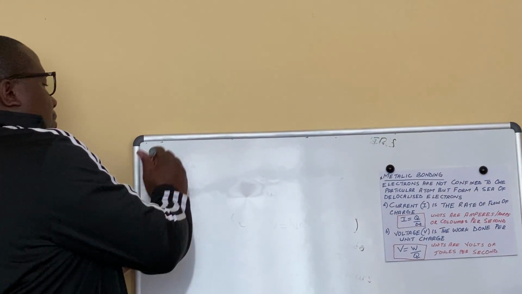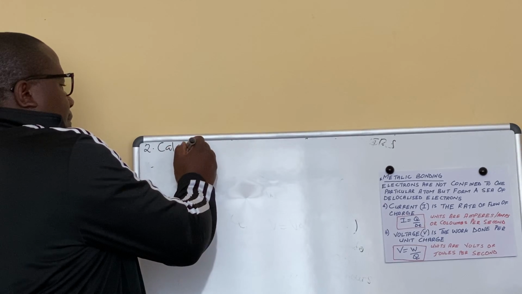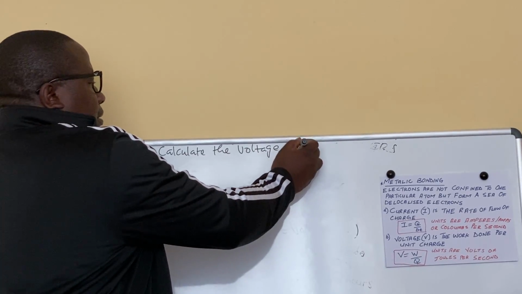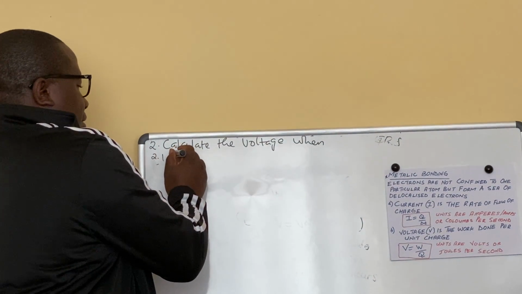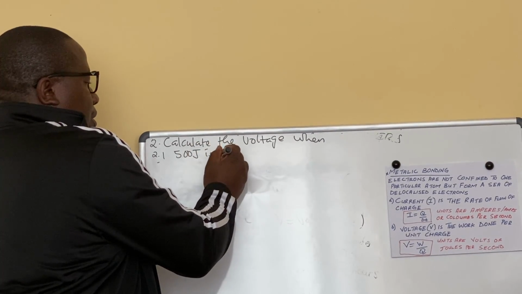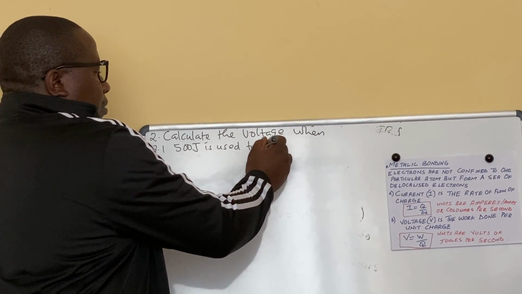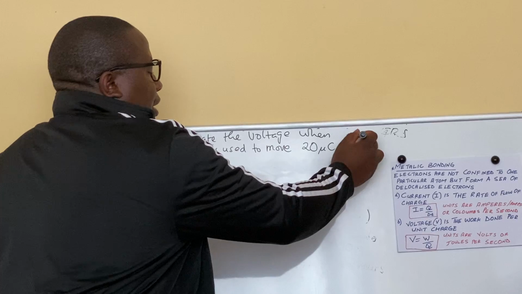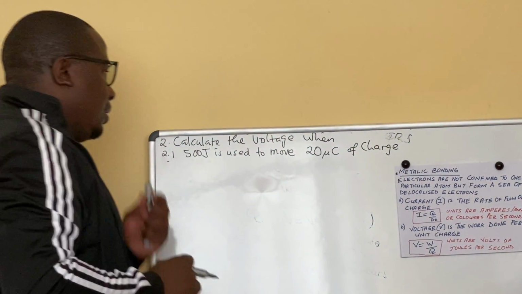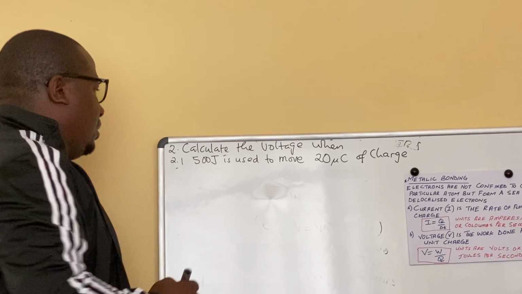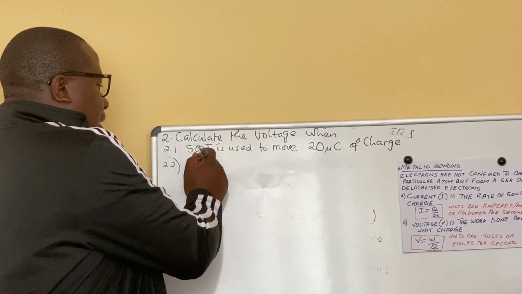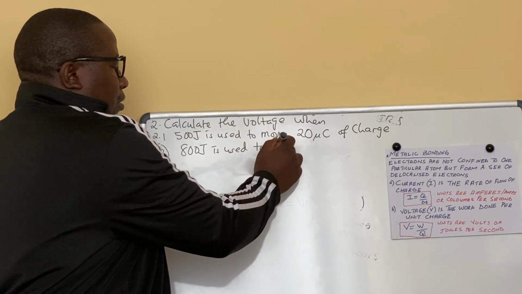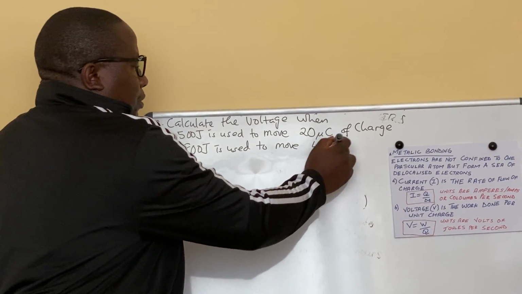Let's call it question 2. Calculate the voltage when 2.1, 500 joules is used to move 20 microcoulombs of charge through a circuit. Let's say we have something like that. 2.2, let us say 800 joules is used to move 4 coulombs of charge.